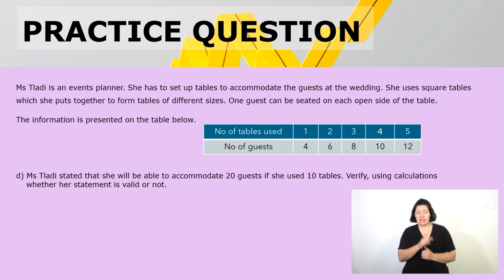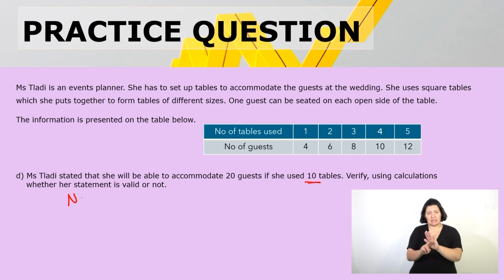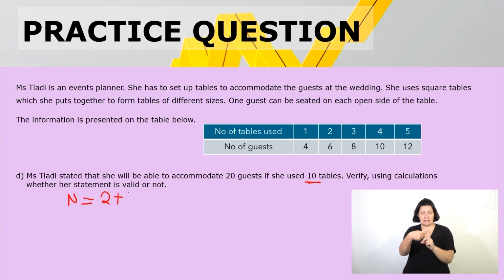Ms. Tladi stated that she will be able to accommodate 20 guests if she used 10 tables. Verify using calculations. So we want to check how many people will be accommodated in 10 tables.